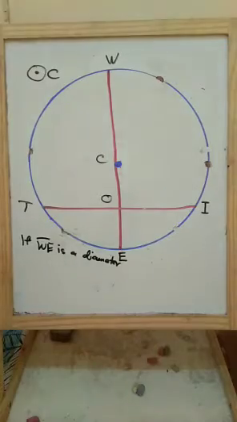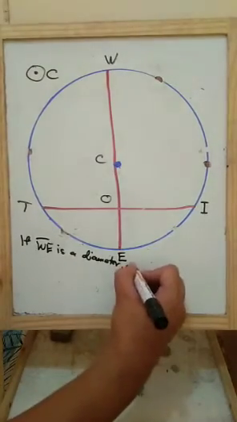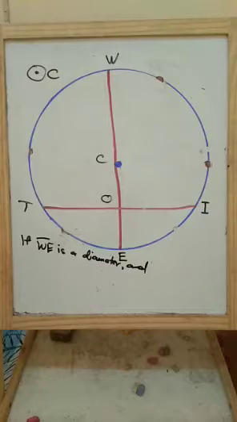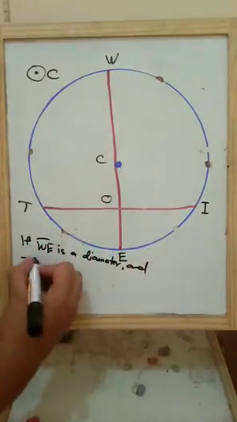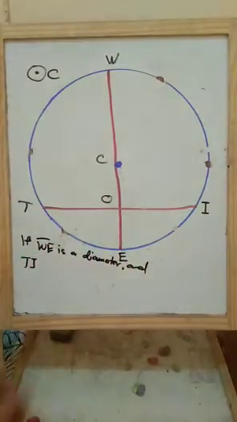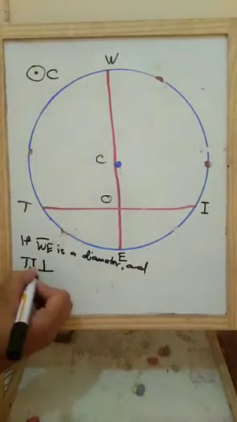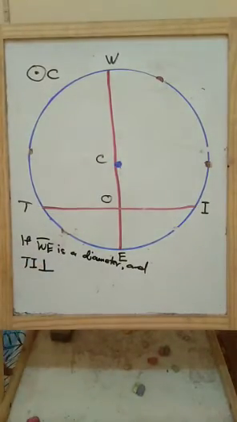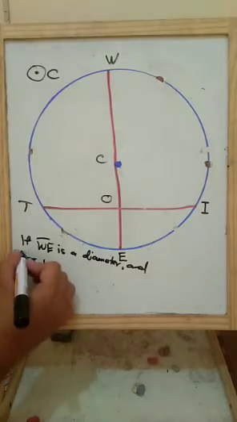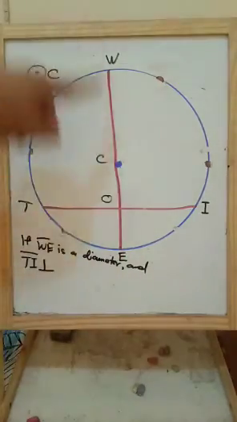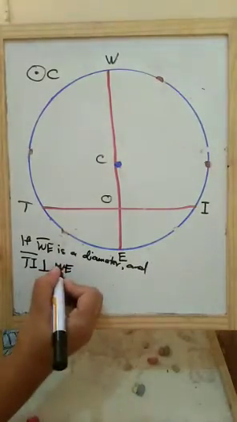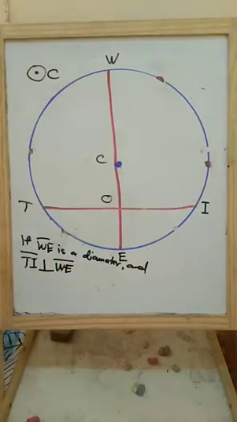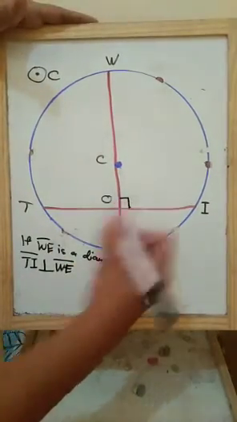The third theorem, yung pangatlong theorem, tells you that if one chord is perpendicular, yan yung symbol natin sa perpendicularity, to a diameter, it means that it forms a right angle.